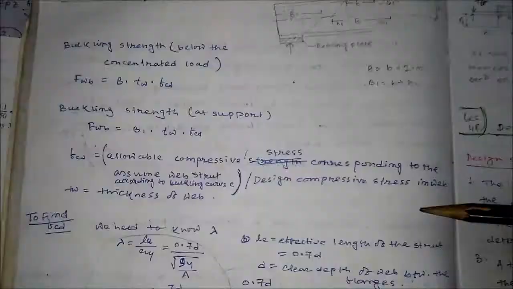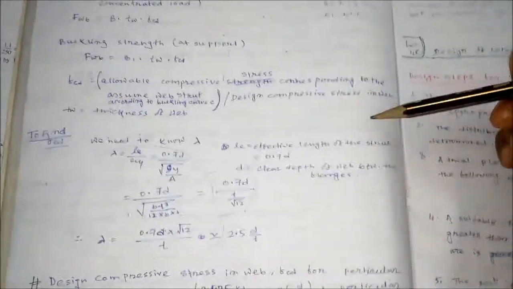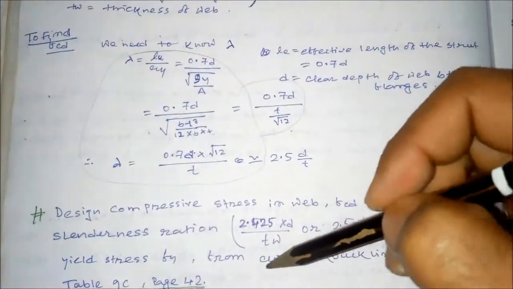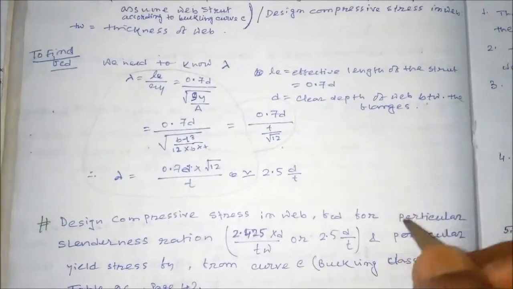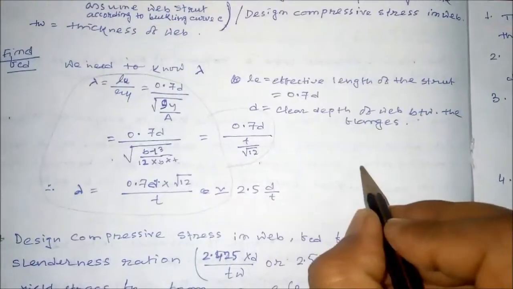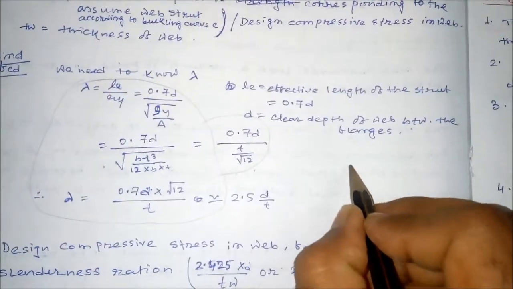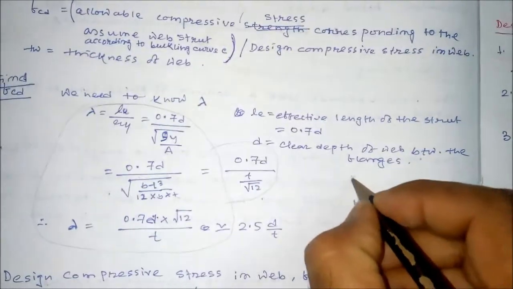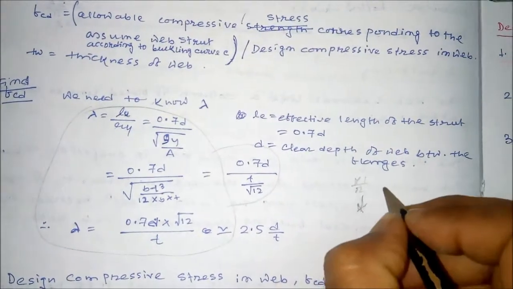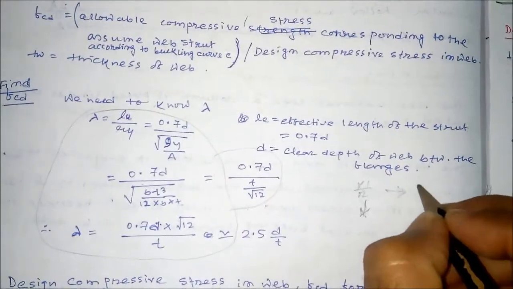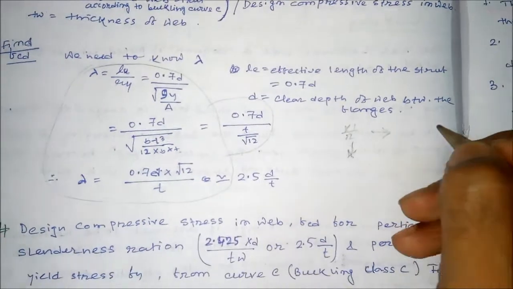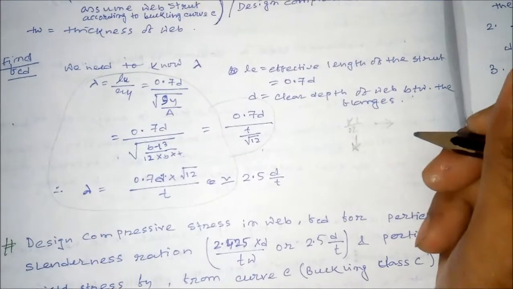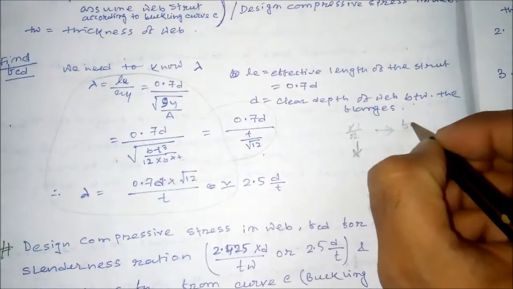This you will get from table number 9C. This table number 9C is at page number 42 in your IS code. In that table, values are given for various values of KL by r in this direction and various values of fy in this direction.